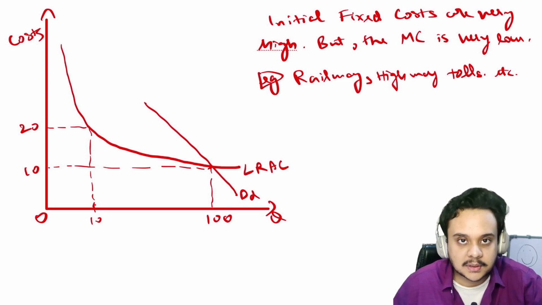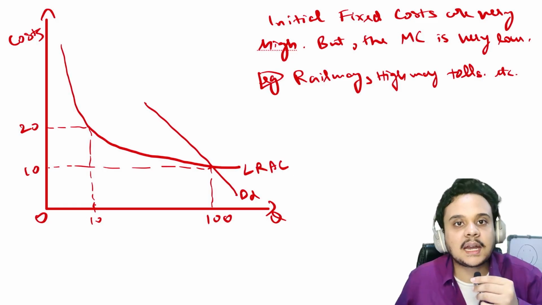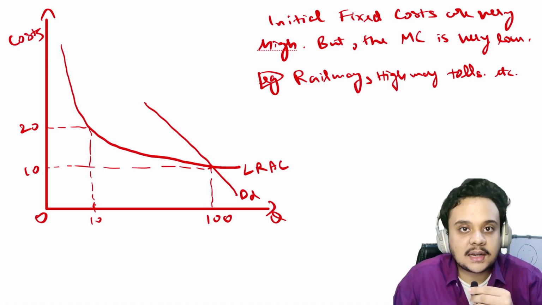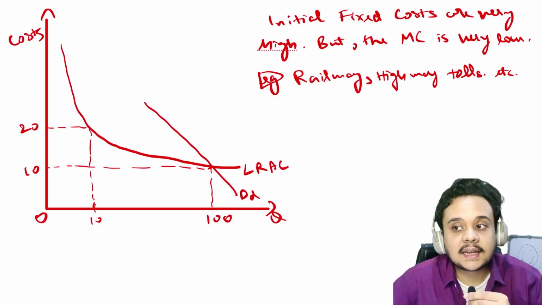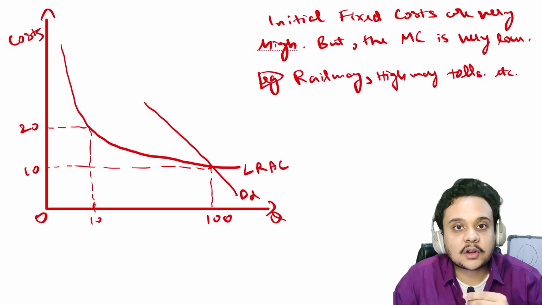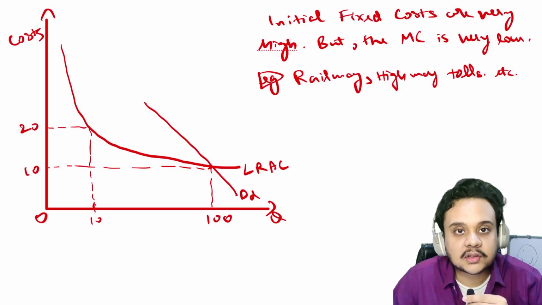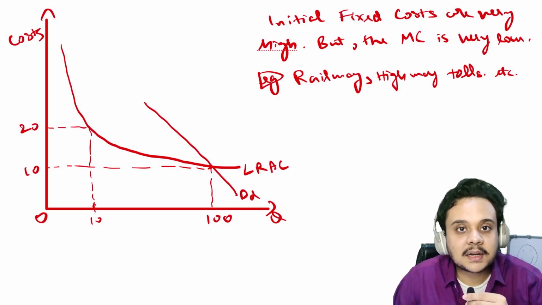There are just a bunch of people, and now most of the tolls are completely automated. So the cost per customer is very low, but the startup cost is high. They have to make the highway first, then they have to make the booths. So the startup cost for the toll plaza is very high.